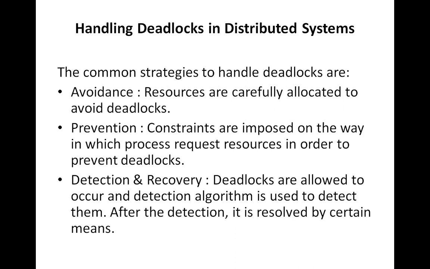When there is no message in transit between the pair of processes, no message will be received by the processes. This implies that all the processes in the set are deadlocked.